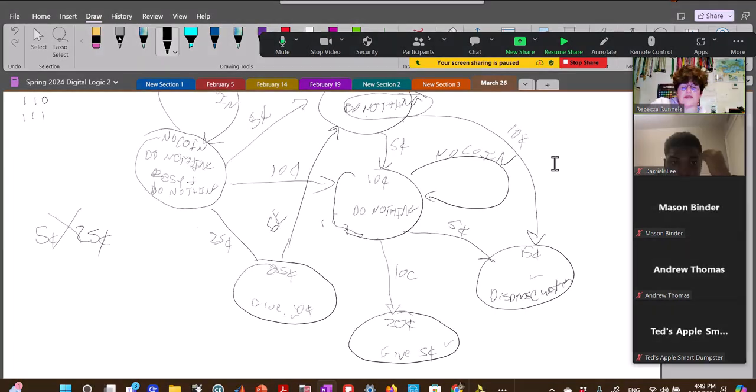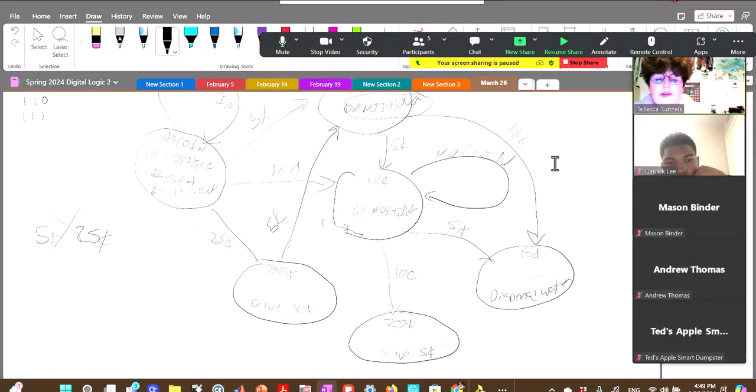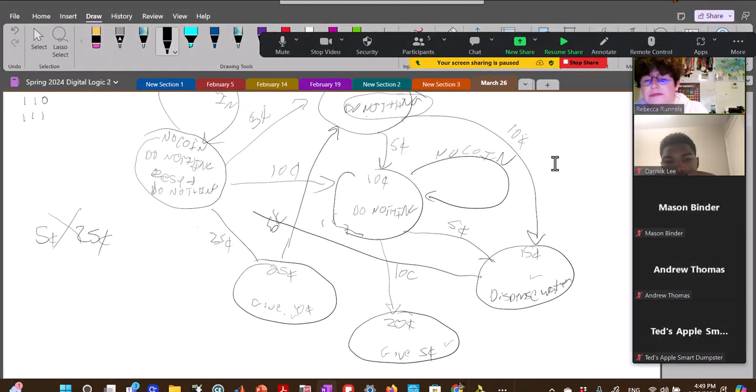If you got 10 cents, you'd go to the 10 cent state. And if you got 25 cents, you'd go to the 25 cent state. So I think the only time that you would go back to the starting state would be if you received no coin. So no coin would take you back to the start.